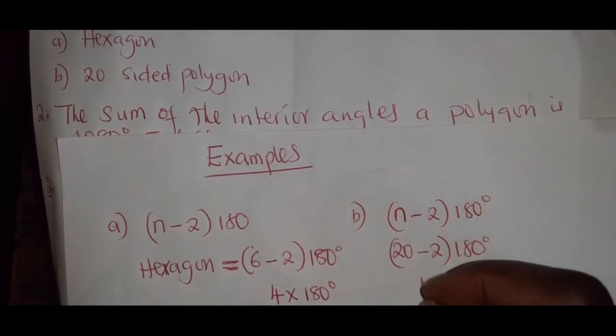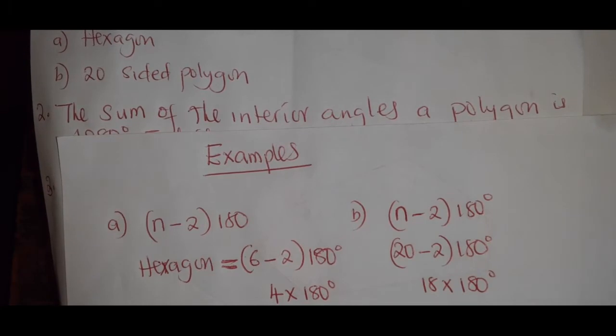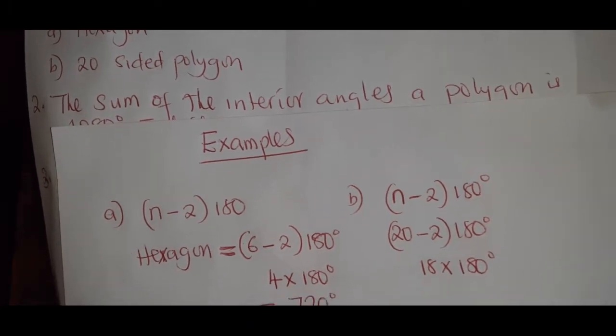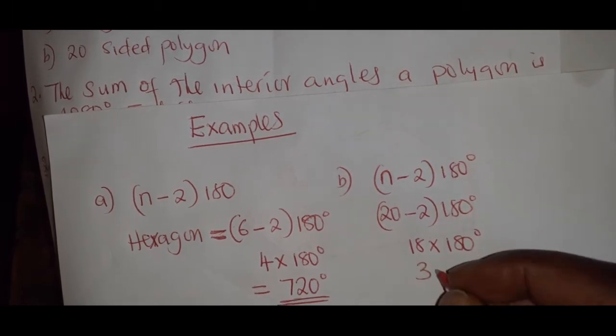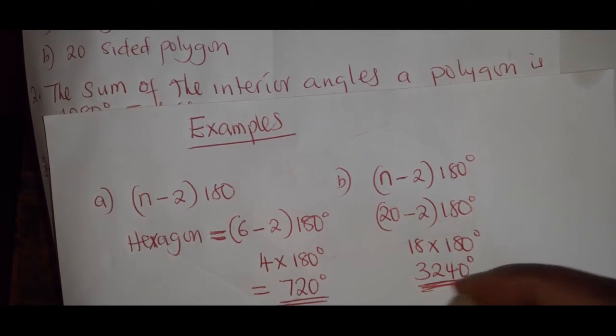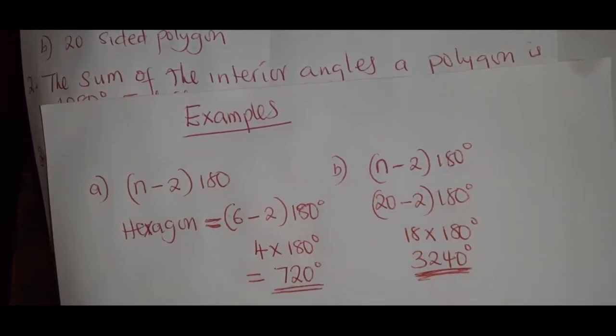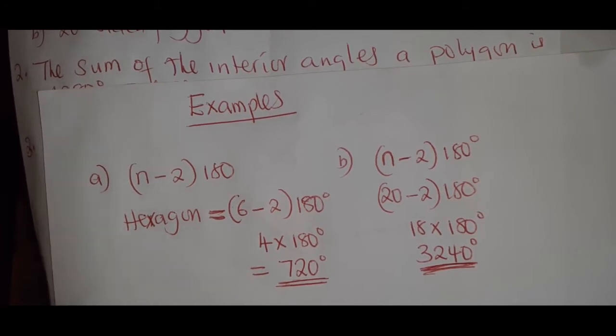What do we get? 18. 18 multiplied by 180 gives us 3,240 degrees. This is the sum of a 20-sided polygon. Okay? That's the first one.